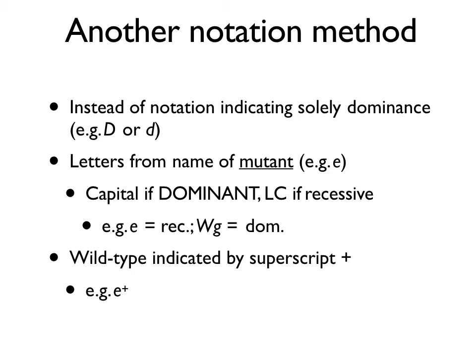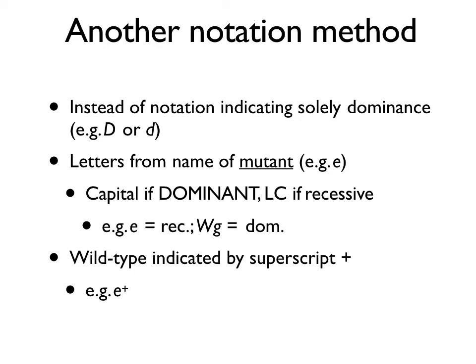Just realize that just because I give you an allelic notation, whether it's two little e's or a big E and a little e or two lowercase wg's, you don't necessarily know right off the bat the phenotype of that individual unless I tell you something about the expression of those alleles, whether one allele is dominant to the other, etc.